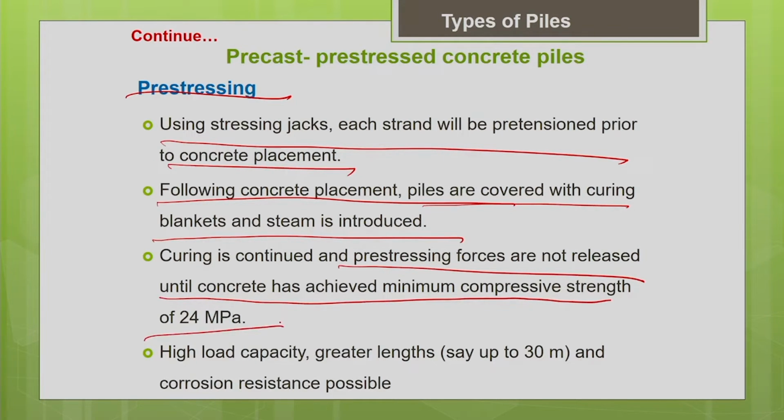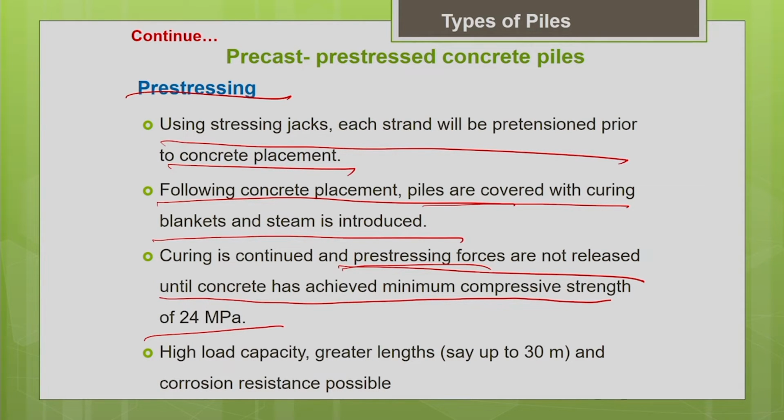Till that time, you should not release the stresses; it will be under the stressing jack only. After the concrete attains the minimum strength of 24 MPa, you release the stresses. As I told you, once the stresses are released, the tendons will try to come back to the original length, which will be prevented by the hardened concrete.